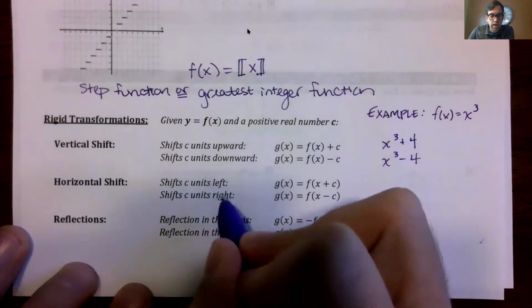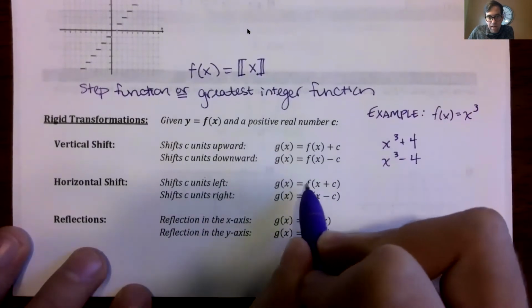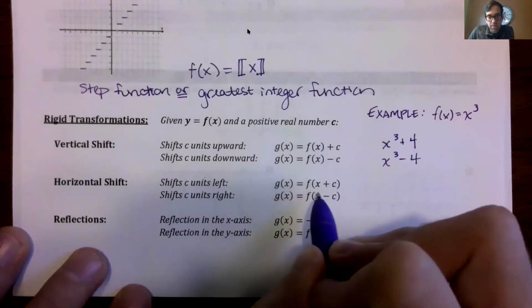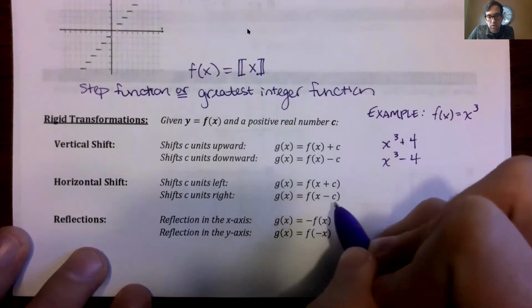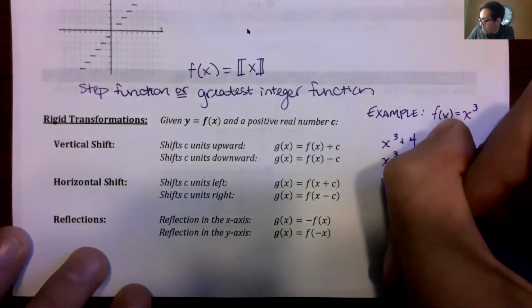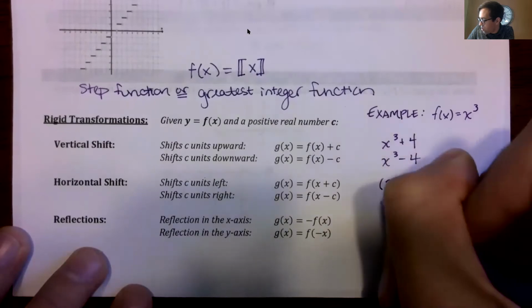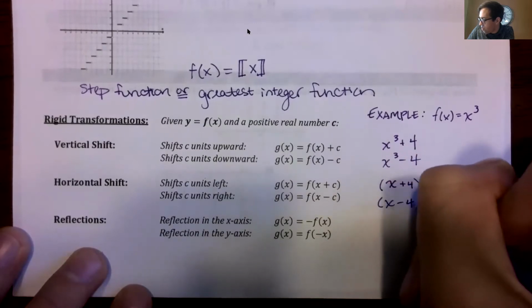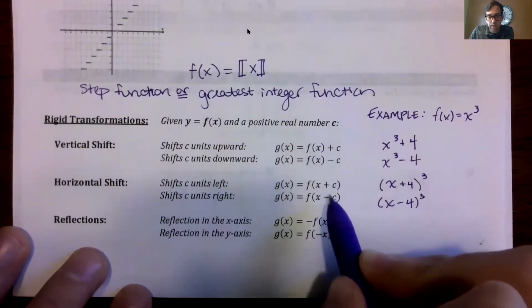Shifting left or right would be a horizontal shift, and that actually occurs within the function, within the parentheses. So it's wherever the x is, we're adding or subtracting the c. So in this case, it would be x plus 4 cubed or x minus 4 cubed. So wherever the x is, that's where we put the c.